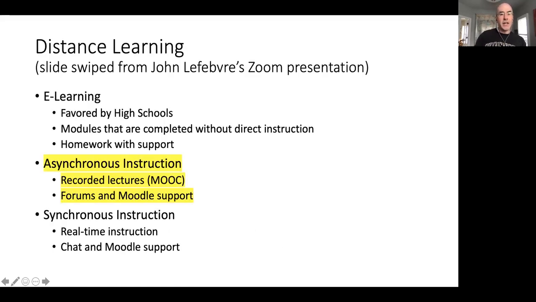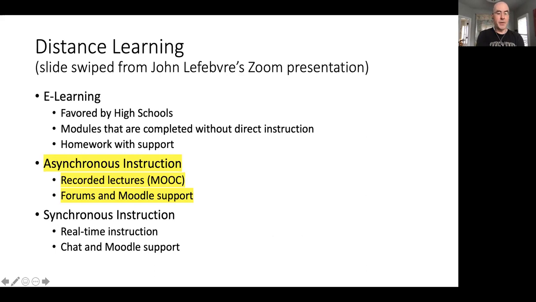Now, this is a slide that I swiped from John Lefebvre's presentation, but you can see that I've highlighted that part there, which because I highlighted, I'm claiming it as my own now. So what John told us is that when we talk about distance learning, there's basically three types: e-learning, which I know nothing about, and then what we're going to talk about today is asynchronous instruction, like recorded lectures.